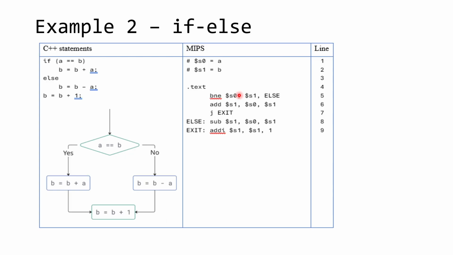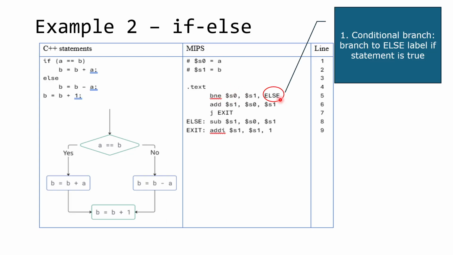Now, as I have mentioned before, if it's equal in the C++, then do the opposite. Branch not equal S0, S1, branch to else.